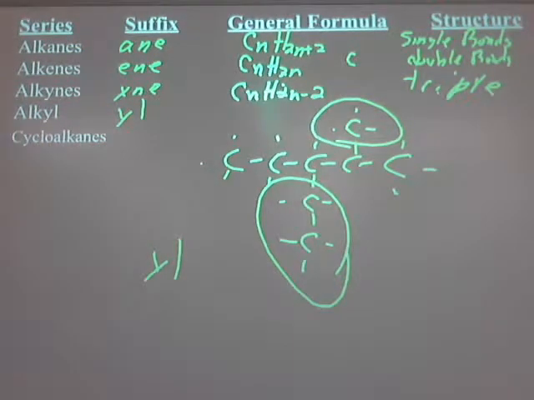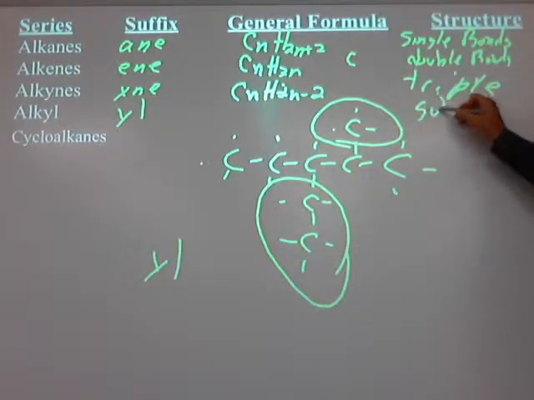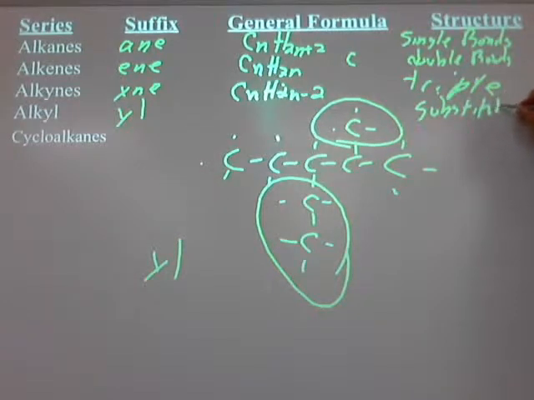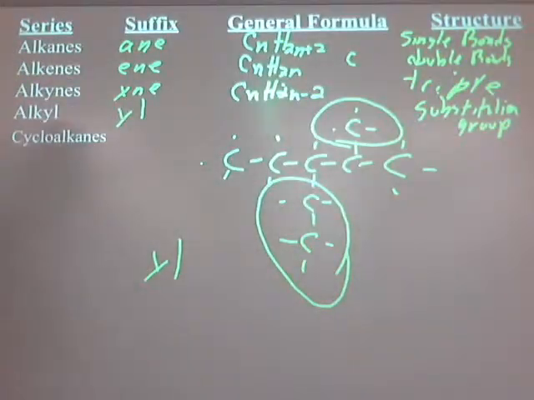All right. So, can you figure this one out? Well, first of all, the structural feature of this one is that I'll call it a substitution group. And it's another chain of carbons, or some amount of carbons, coming off a longer chain. There are many things we're going to put onto that chain.